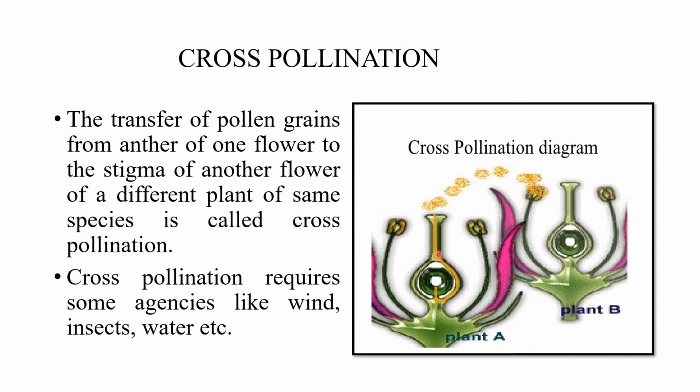The plants are different, but the species is the same. Cross-pollination requires some agencies like wind, insects, water, etc.